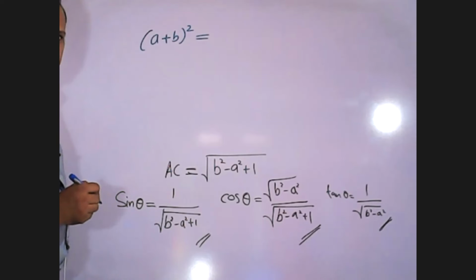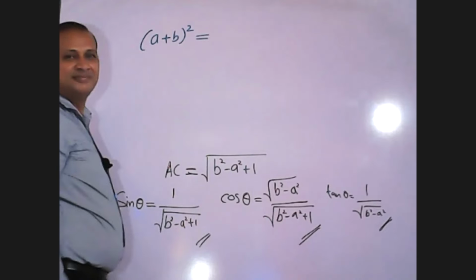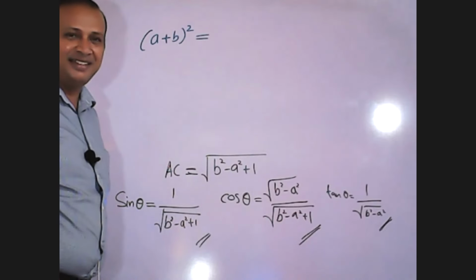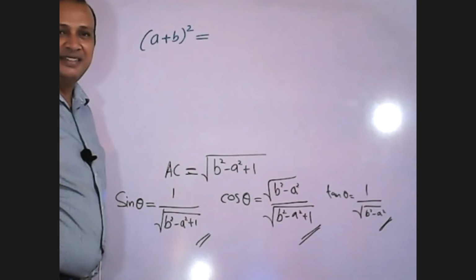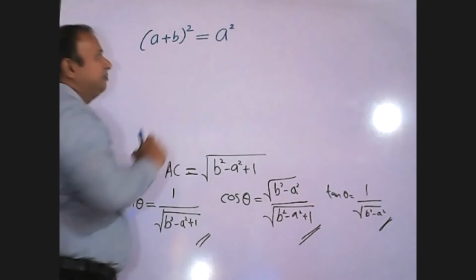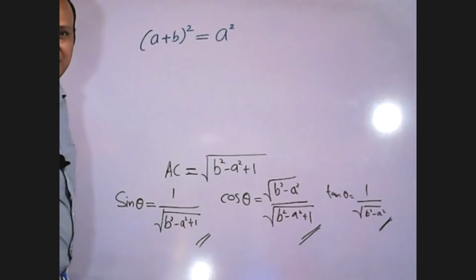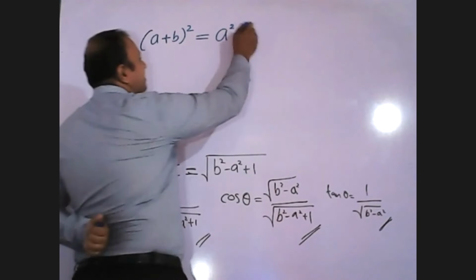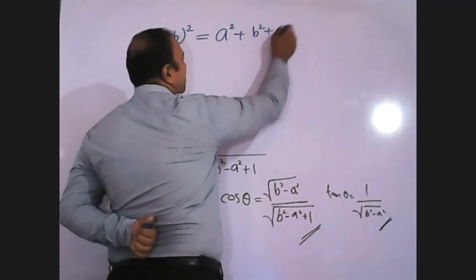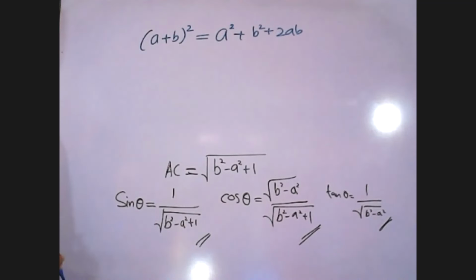How to expand this one? A squared, then... Yes. A squared plus b squared plus 2ab. For the 2ab, you can also put the middle term as ab, twice. A squared plus b squared plus 2ab.